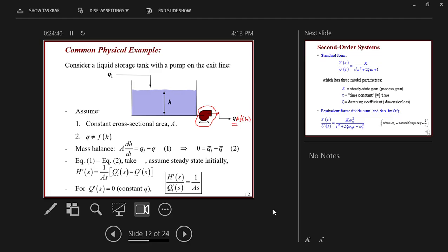So for that case, this Q is fixed now, which means that when we analyze the system, this is the differential equation, and its perturbation value will be equal to 0. Why? Because now the Q prime of S will be equal to the value at any time, which is the steady state value, minus the steady state value, which is equal to 0.